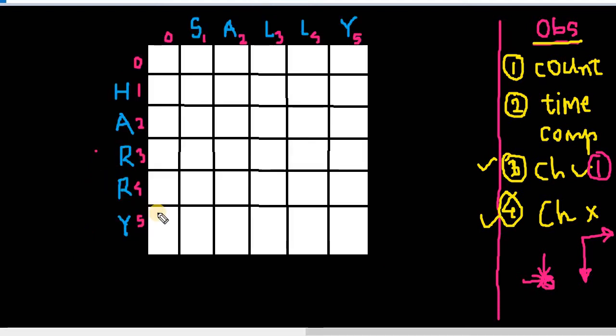Okay, now let's start with another example, that is Harry and Sally. So blue letters are the characters of the string. This is for representation purposes only, and the red or pink marks are the indexes. This is the first string, and the vertical one is the second string.